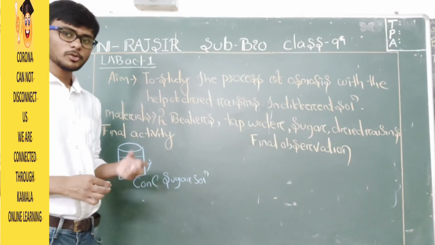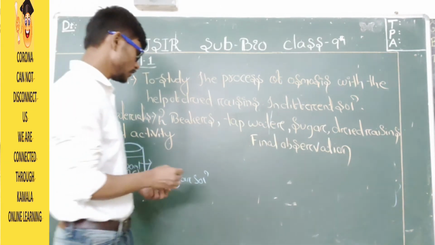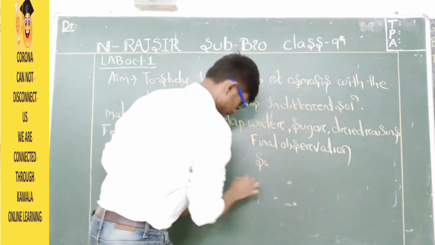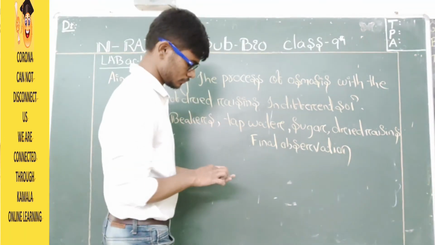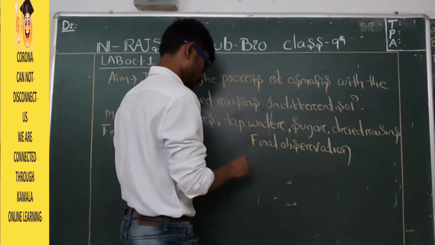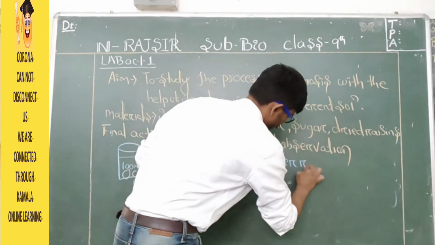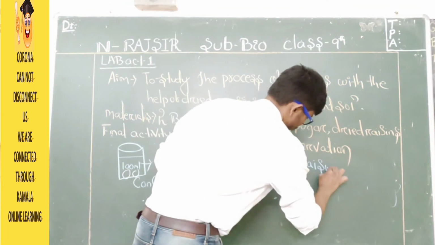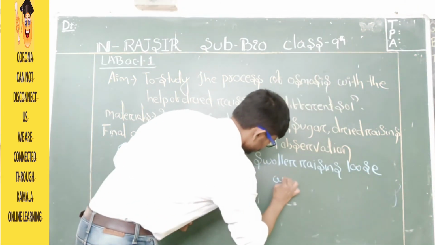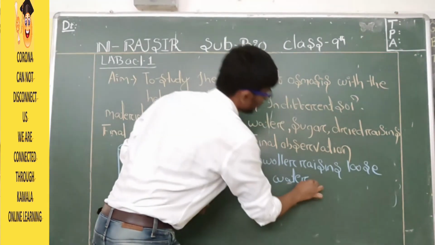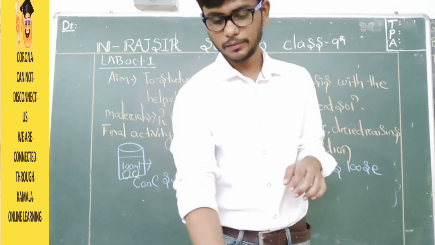Now what I see is that those swollen raisins are dry again. Swollen raisins lose water and they shrink.